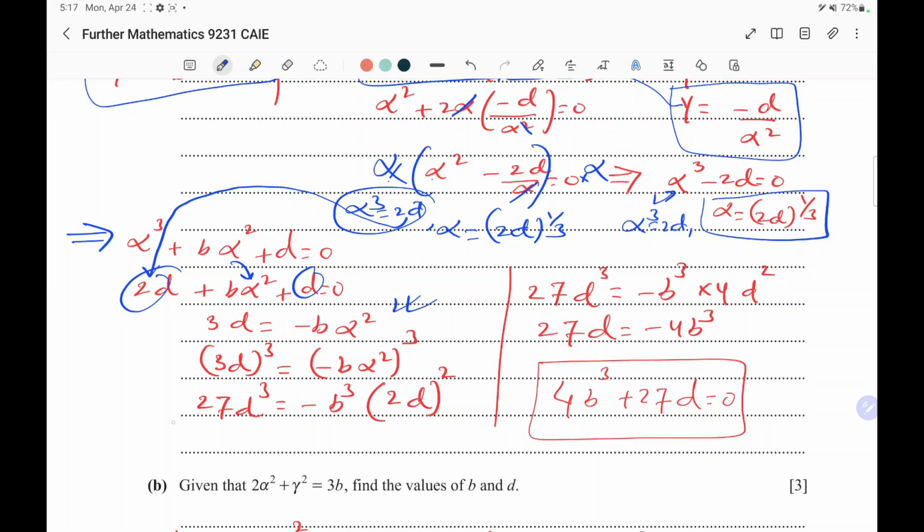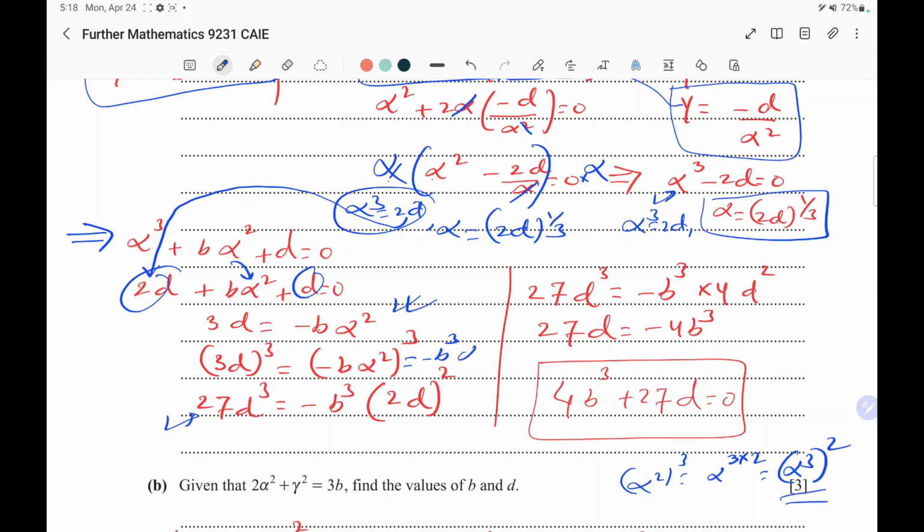So this is 27d cube, and this will be minus b whole cube, that is minus b cube, and alpha squared to the power 3. We can write alpha to the power 3 times 2, or again we can write alpha cube whole square, right?